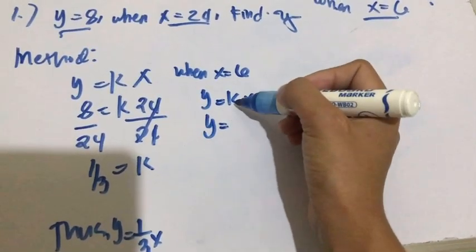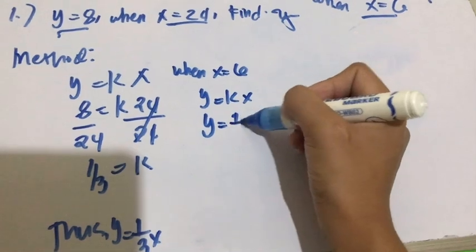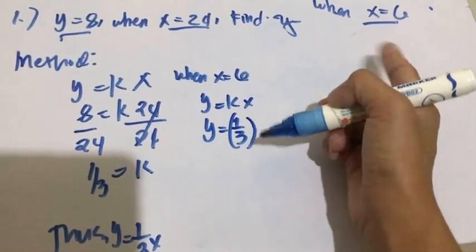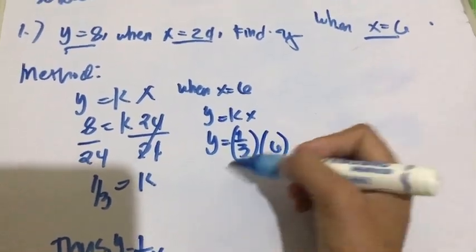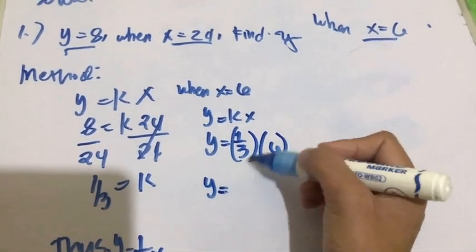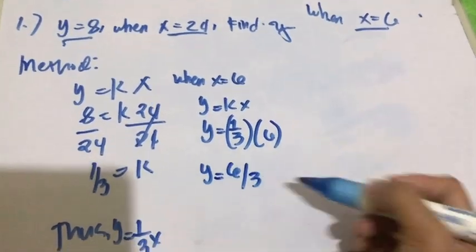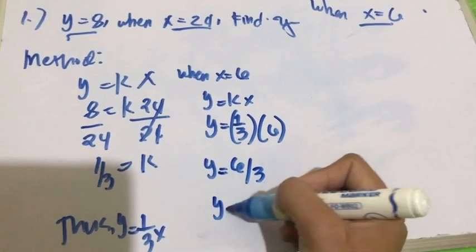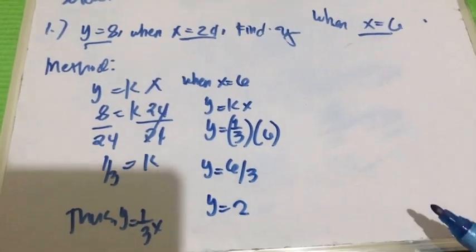Y is equal to the value of our k, that's 1/3 times our x, 6. So we have here 6 over 3. Now 6 divided by 3, we get 2.